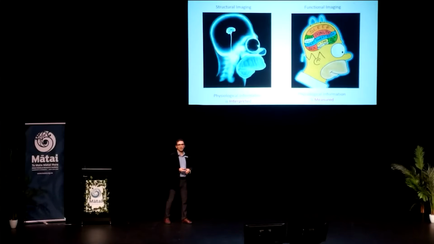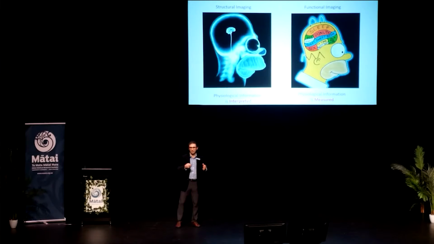So let's talk about what we mean when we are talking about functional MRI. Probably you all know that with MRI machines, we can create great anatomical images of the brain and other organs in the body. And from this anatomical image, we can infer some physiological information.